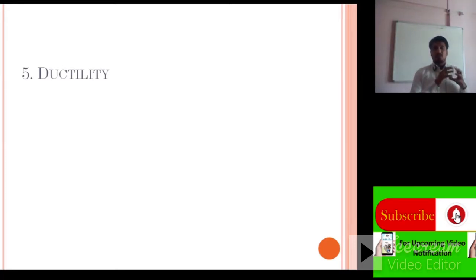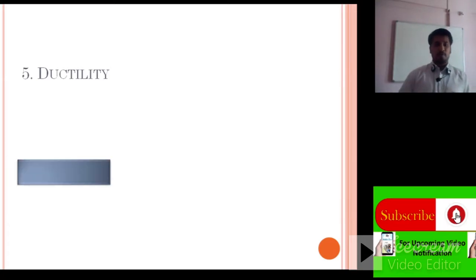If the material comes back to its original shape and size, we say that the material has elasticity, and if the material's shape and size do not come back to the original, we call it plasticity. In a similar way, we have the second pair of properties, ductility and malleability. To understand both properties, we will take one example here.